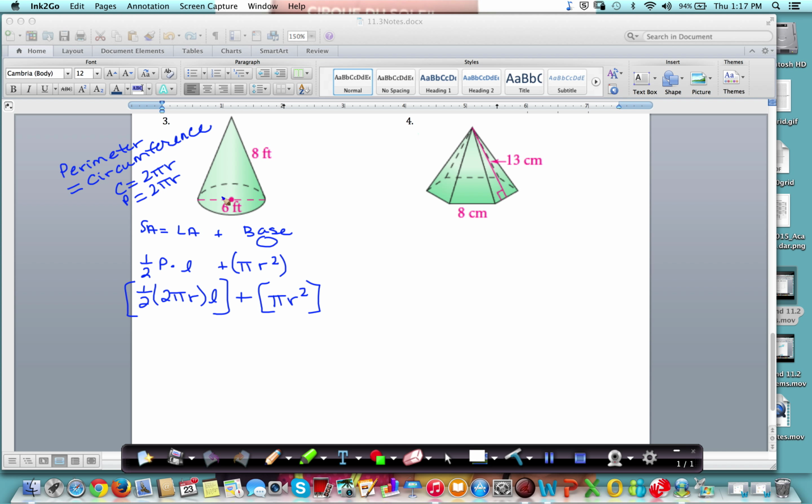So I need r. So my radius, I need r. That's going to have to be 1/2 of 6. 3 and 3. So I have r. And now I need the slant, which was given to me as 8. So I have everything I need. 1/2 times 2 times pi times my radius of 3 times my slant of 8. I calculate that all out, right? I'm going to get 75.4.